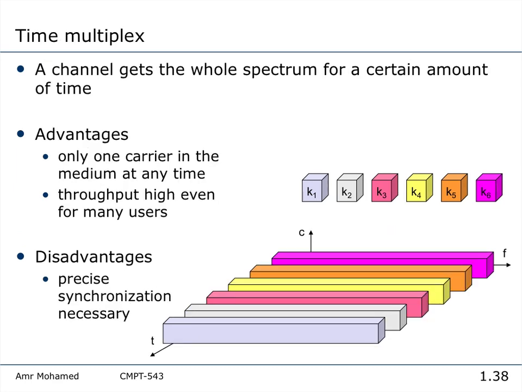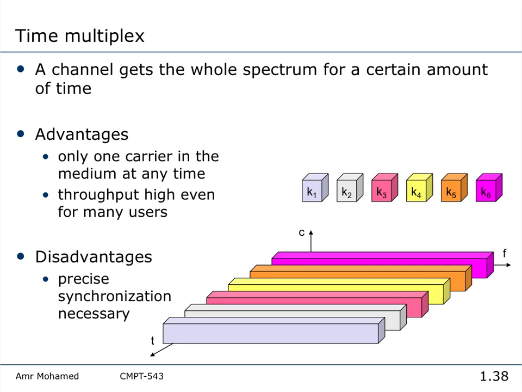With respect to time, the whole spectrum of the channel is used by one single user, but for a short amount of time. Okay? The advantage of this is that there is only one carrier in the medium. What does that mean?